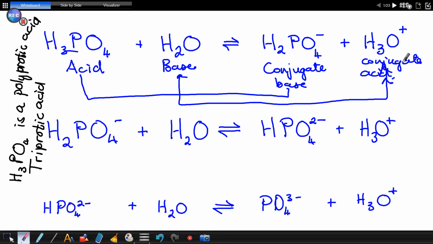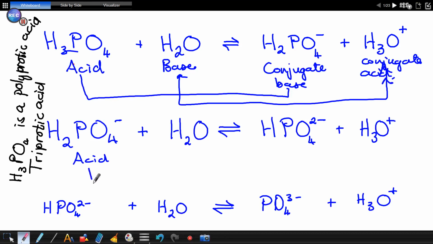So conjugate acid-base pairs. So, ma'am, what I'm picking up is you mustn't think of the compounds as acids or bases, but you must look at them from the reaction as to what they are. Yes. So in this second step, where the second proton is given to the water, the H2PO4 negative is the acid.